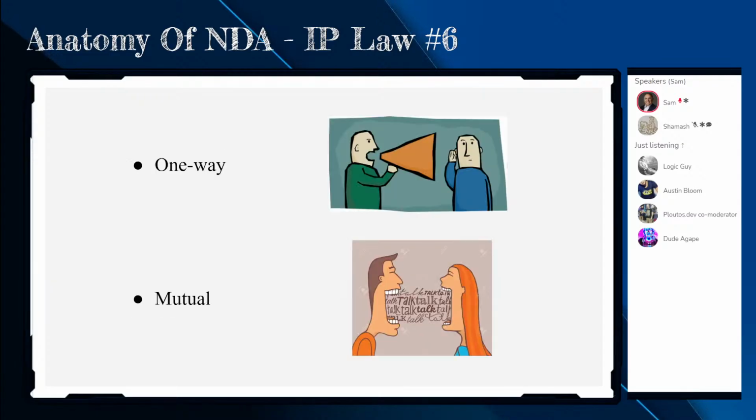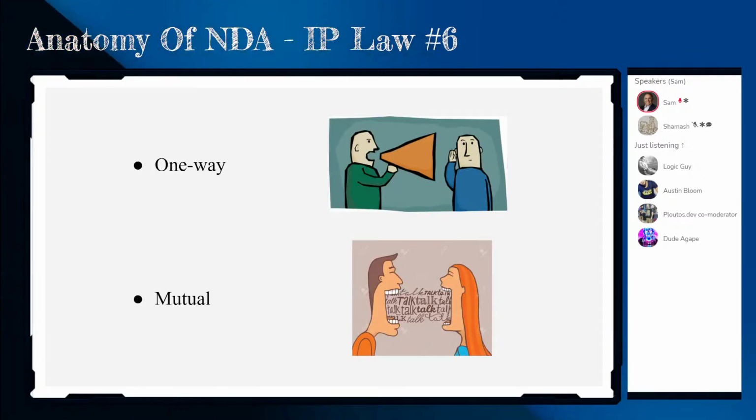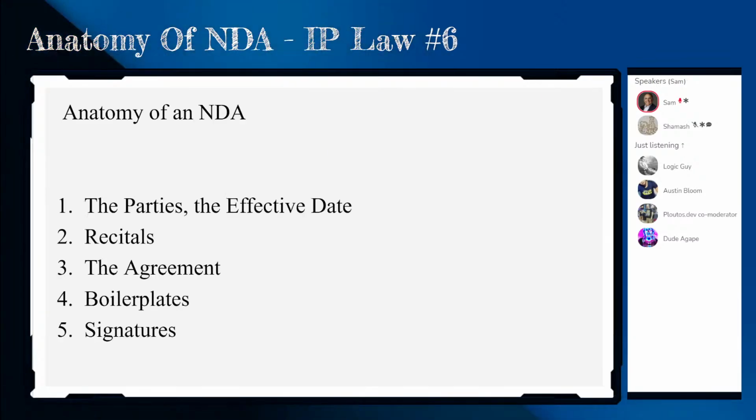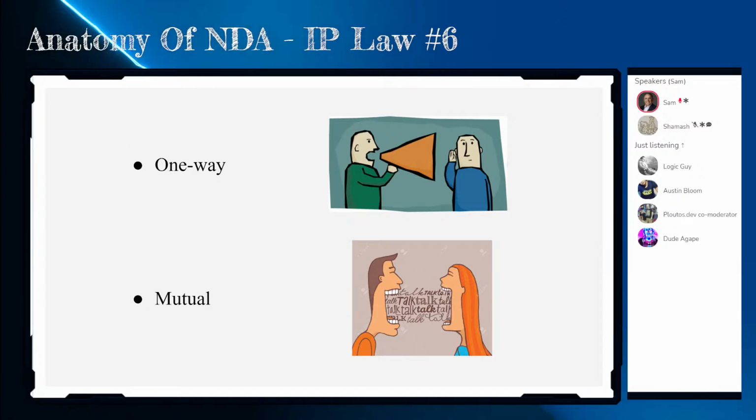All right, so on slide 3, we have two types of NDAs, one-way or mutual. One-way means that I'm talking, you're listening, you're not giving me any information about you, you're only getting information about me.